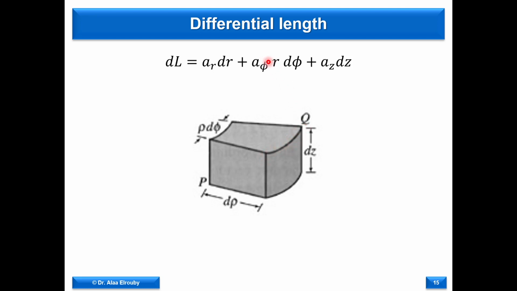The length of a curve equals R multiplied by the angle, which is d phi, because we move just a small differential distance along A phi, corresponding to a differential angle d phi. The z component is similar to the z direction. Because A phi is a curve, this cylindrical coordinate system is a curvilinear coordinate system. Curvilinear means some unit vectors are linear, like AR and AZ, and some of them are curves, like A phi.